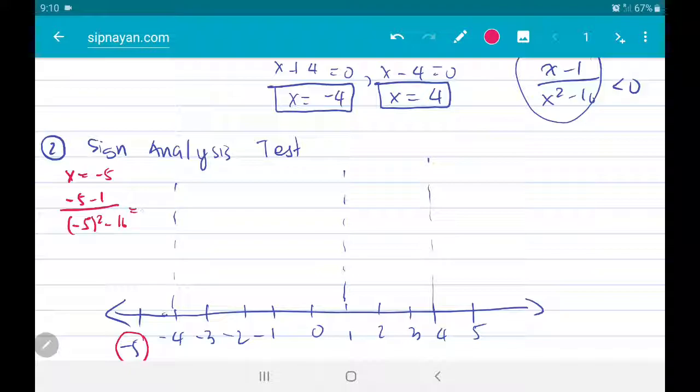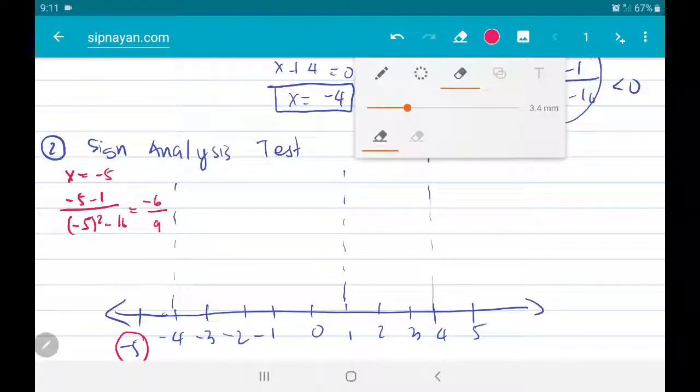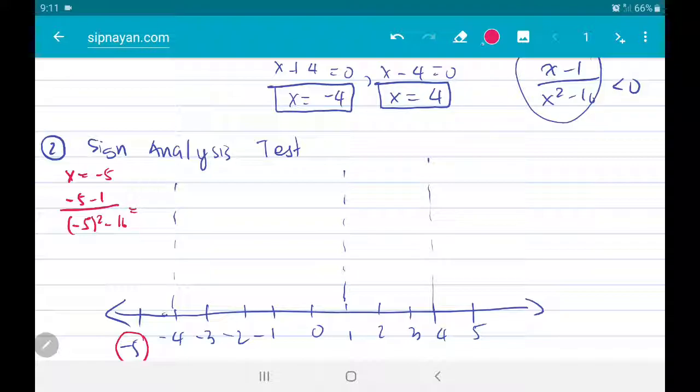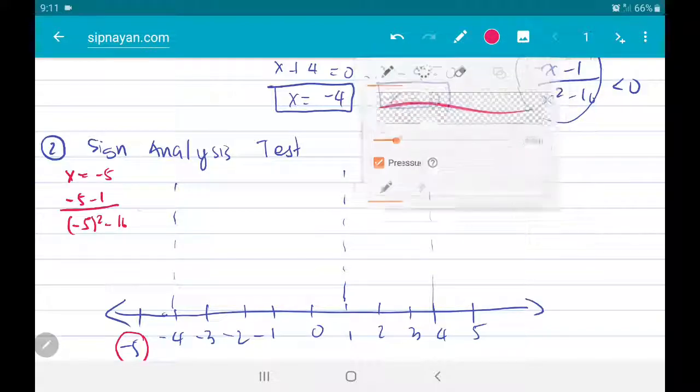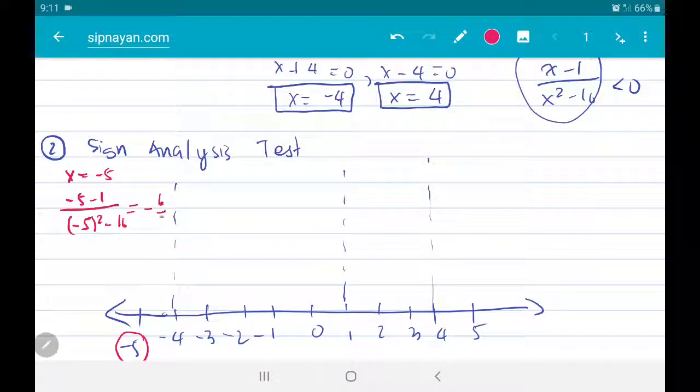That is equal to negative 6 over, what is 25 minus 16? That's 9, di ba? So that's negative 6 over 9, which is a negative number, di ba? Alright? So mukhang solution ito, no? Kasi negative siya.